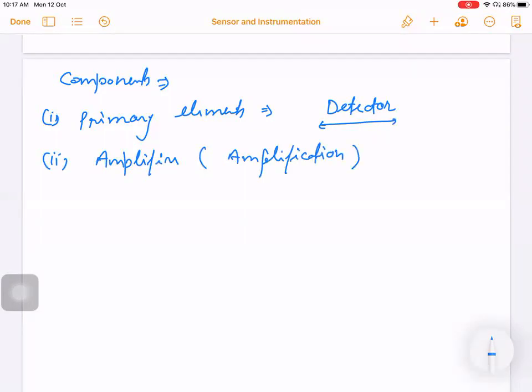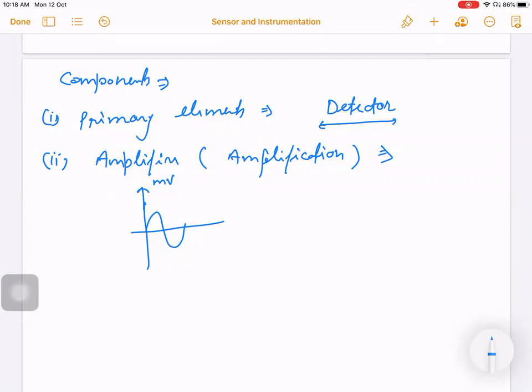What does an amplifier do? Suppose, for example, the output received by your sensor has an amplitude in the millivolt range. Now if you want to transmit this data, you have to amplify the signal.